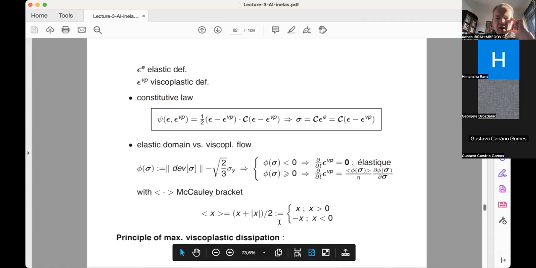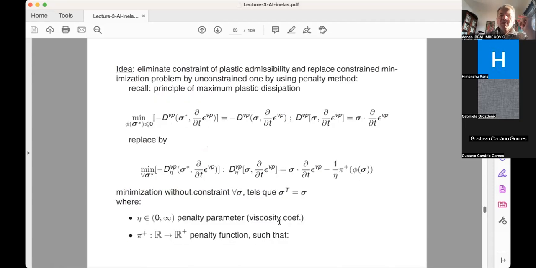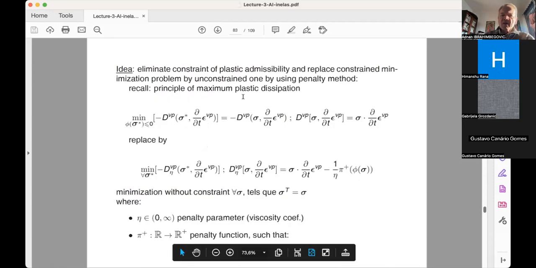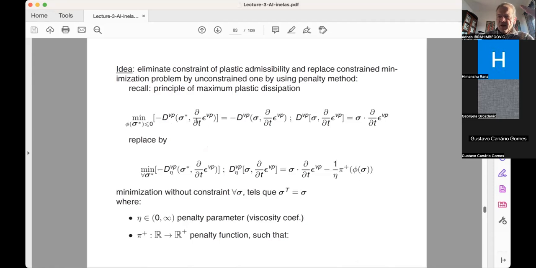Basically because I'm going to appeal again to the principle of maximum plastic dissipation, but this time around, rather than introducing a plastic Lagrangian, where we introduce the constraint by a Lagrangian multiplier, which then becomes the plastic multiplier, I'm simply saying that I take a penalty version.